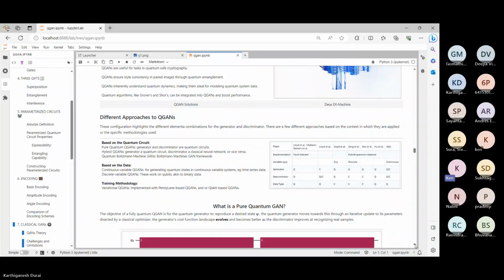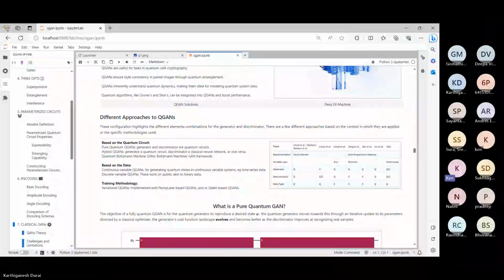We have hybrid GANs where certain aspects might be classical. The generator could be a quantum circuit and the discriminator could be a classical neural network, or vice versa. We can have some integration, but these are known as hybrid GANs. And based on data, we can have continuous variable GANs, which is good for time series data analysis, or we could have discrete GANs akin to working with our qubits.